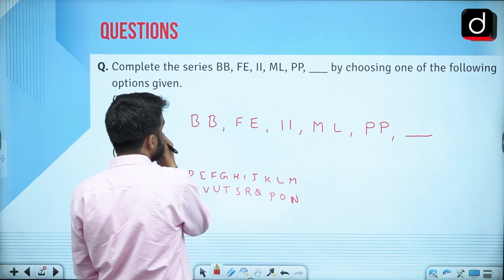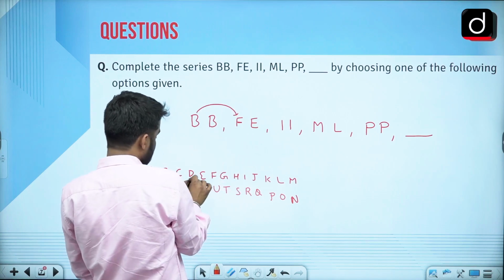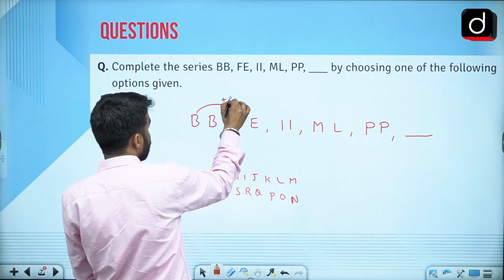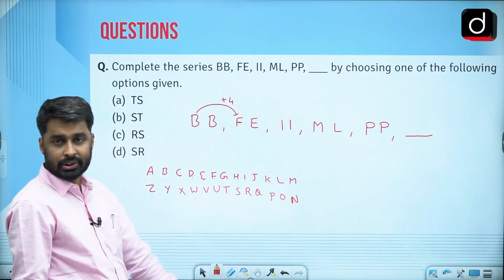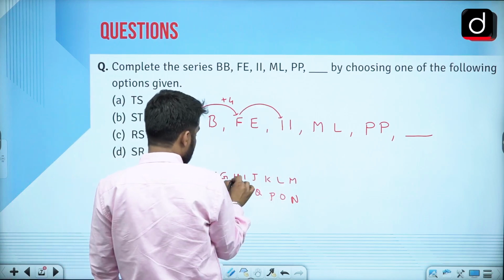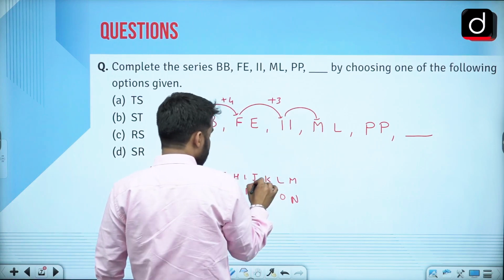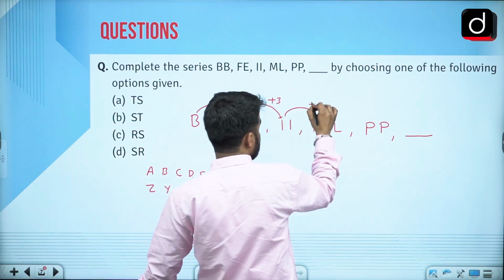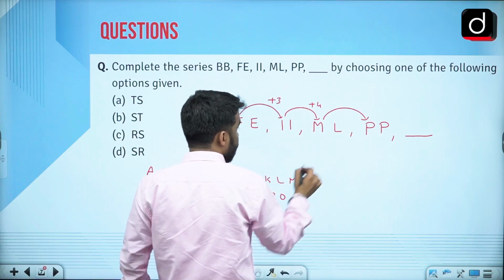So here, between B and F, let's see what the gap was. 1, 2, 3, 4. It was a gap of 4 letters. Let's find the gap from the first letter to the first letter of the next term. From F to I, 1, 2, 3. It was plus 3. From I to M, 1, 2, 3, 4. It was plus 4.